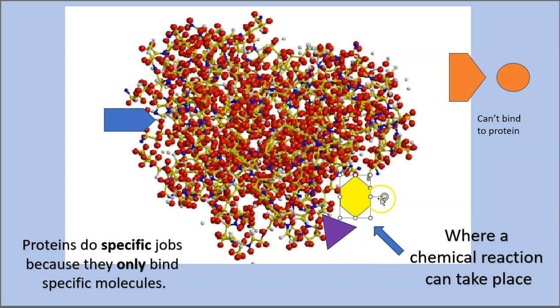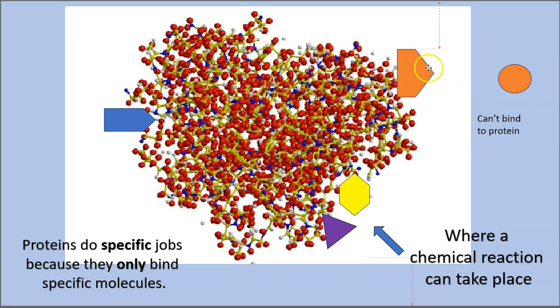Now the protein is going to act on these molecules, perhaps making a chemical bond between them. The idea here is that the protein is specialized to do this job because it's only these molecules that can stick at this location, in the right location for the chemistry to happen. Whereas these molecules up here will bounce off the protein.